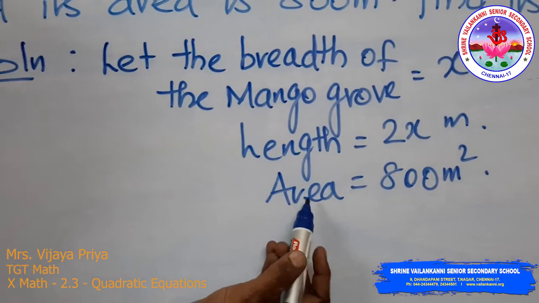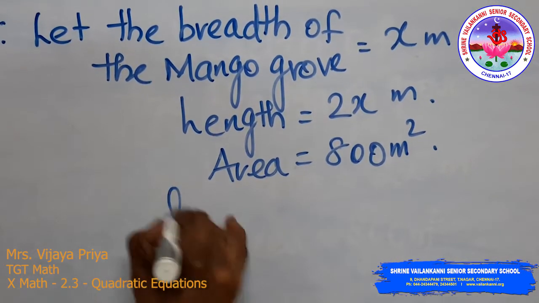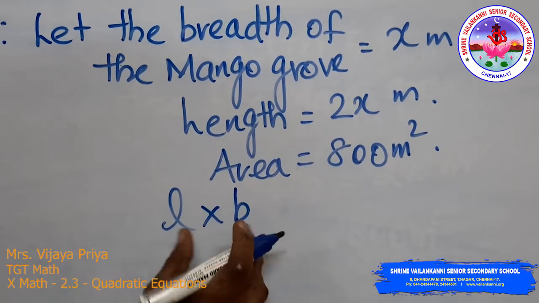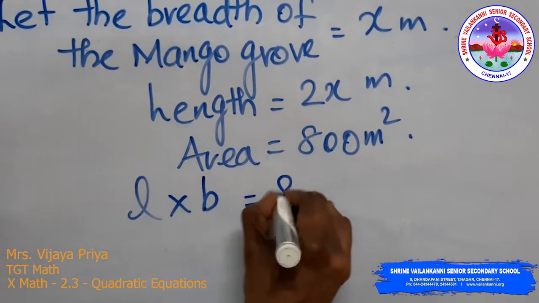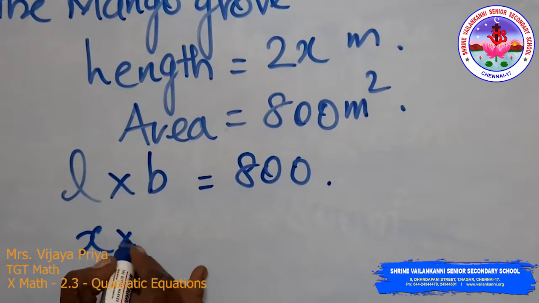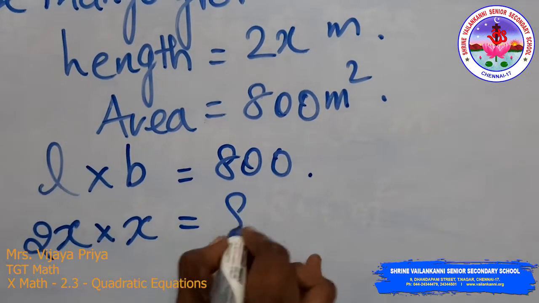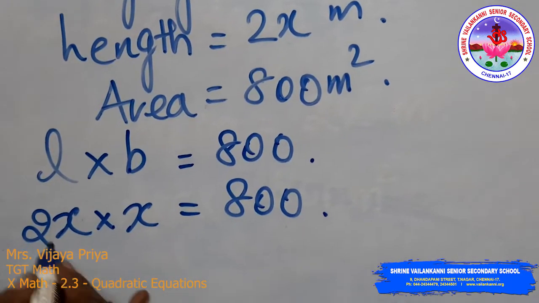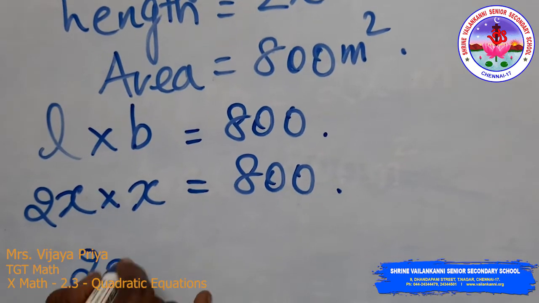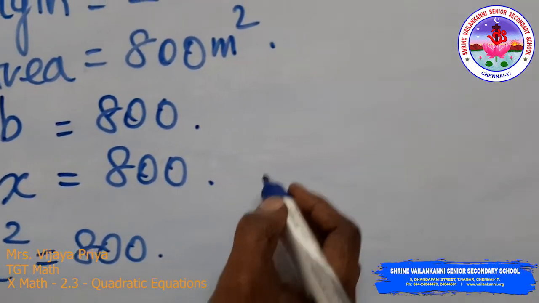Area of the rectangle is length into breadth. So area is equal to 800, where length is 2x meters and breadth is x meter, which is equal to 800. So 2x into x becomes 2x squared, which is equal to 800.